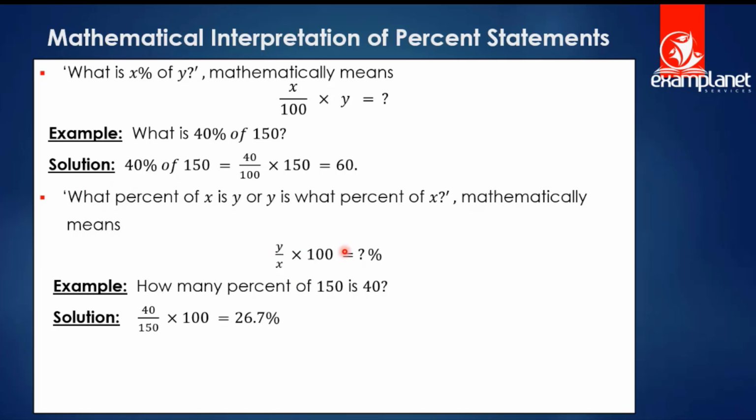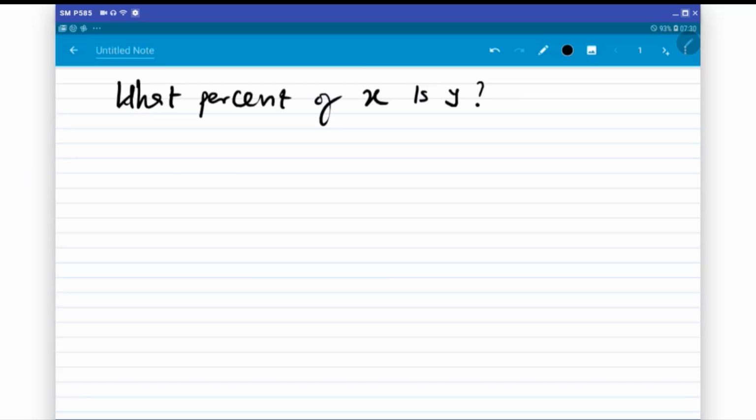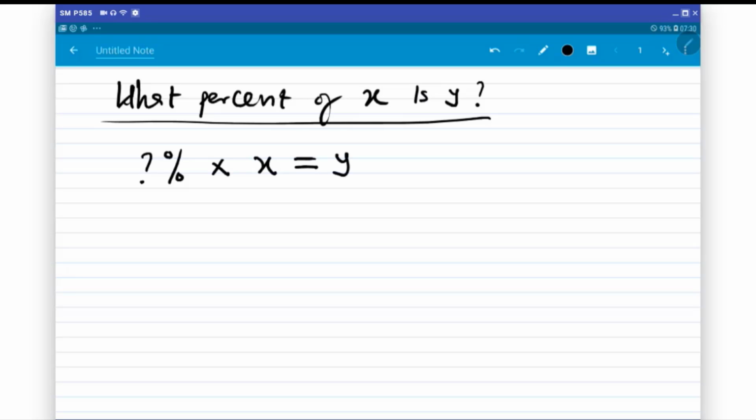Now, if this is not too straightforward for you, another way you can interpret this statement is directly, the way it is written. I can simply express it like this: what percent of X is Y?